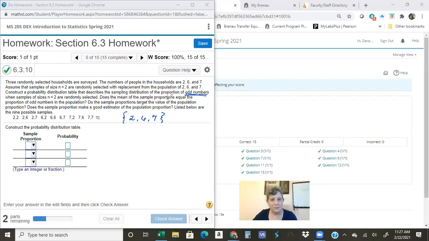Does the mean of the sample proportions equal the proportion of odd numbers in this population? We want to know: does the mean of the sample proportions, that's p hat, equal the proportion for the population?